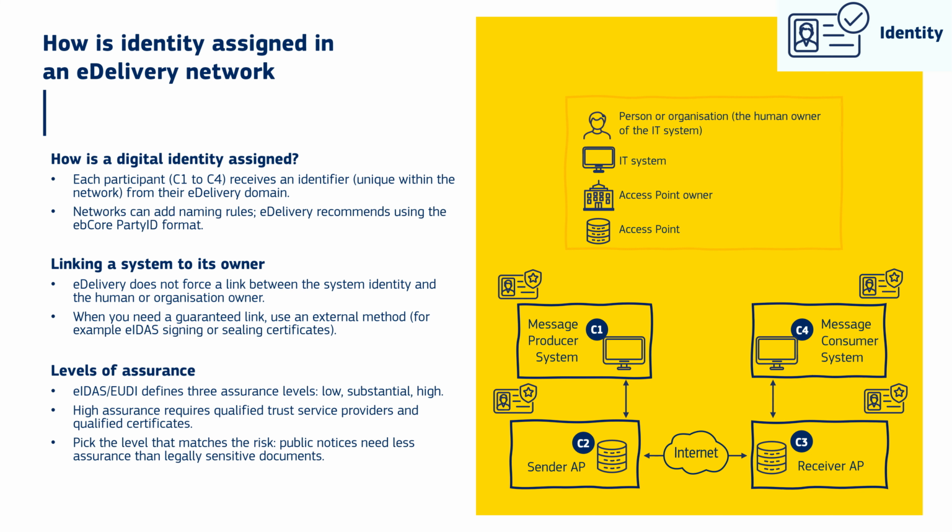The identifier might also serve some other functional or semantic purposes defined by the network through naming conventions or naming policies. On a technical level, eDelivery encourages the use of the EB Core Party ID specification as the format for identifiers.